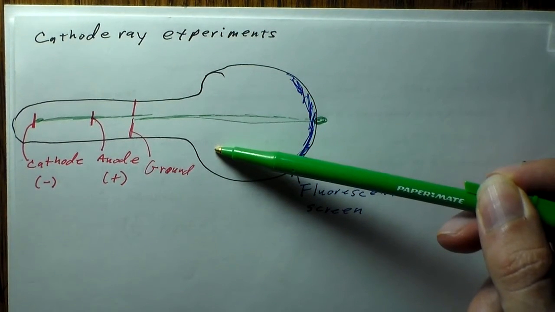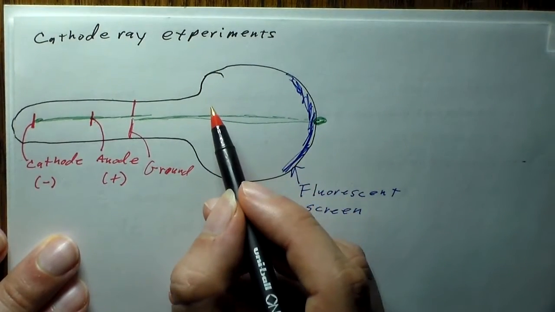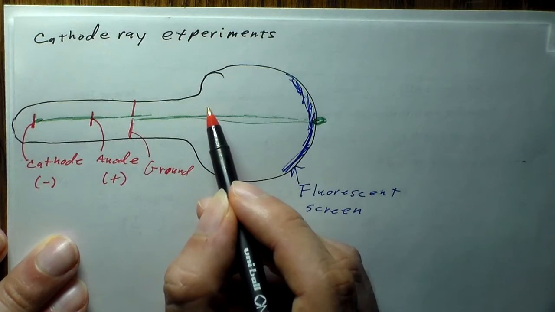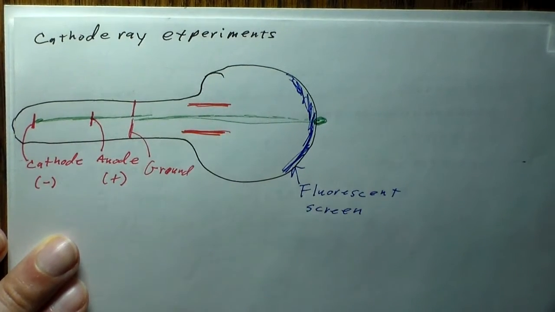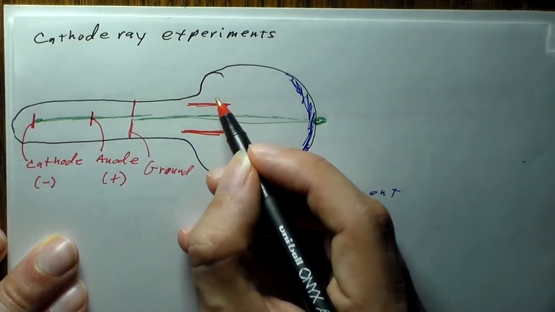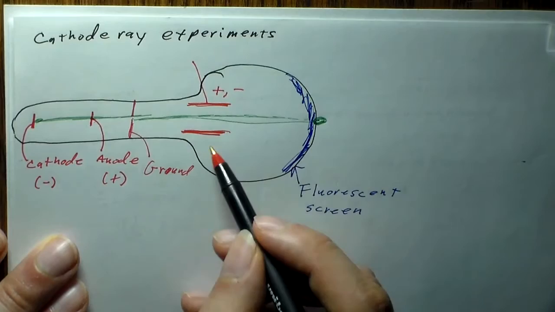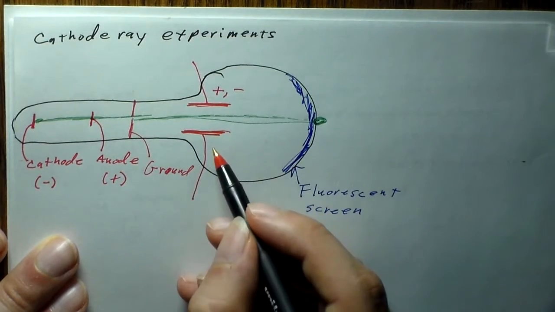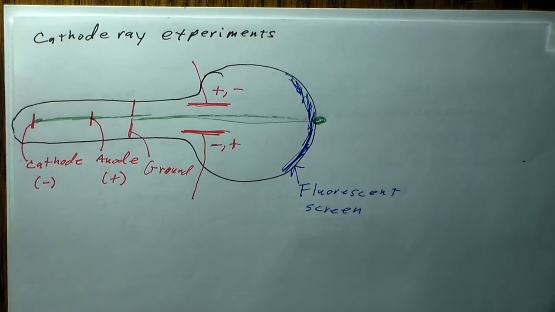Now, he did two experiments here. One was doing electric deflection, and the other one was doing magnetic deflection. So first up, for the electric deflection, he had over here basically electrical plates inside of the tube. And then this could either be positive or negative. And of course that was connected to something outside here. And then on the other side, this would be negative or positive. So it would be equal and opposite charges on there.